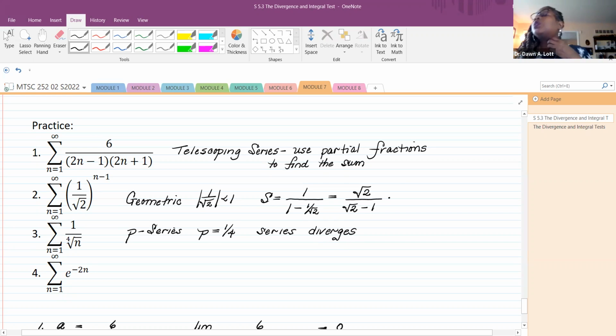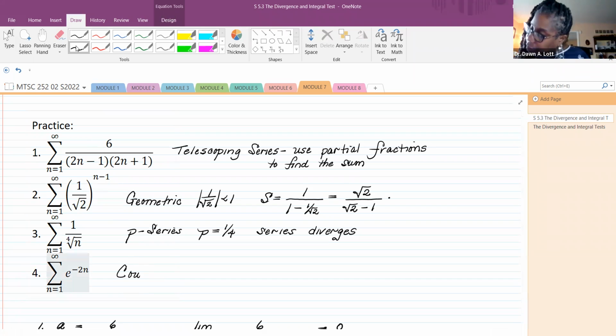Okay, so the first one was a telescoping series, the second one is geometric, the third one is a P series. The fourth one is actually a geometric series. It's not written in the right form, but it is. It's missing the first term. But we could use the geometric series on this, or we could use the integral test. So you could rewrite it as a geometric series.